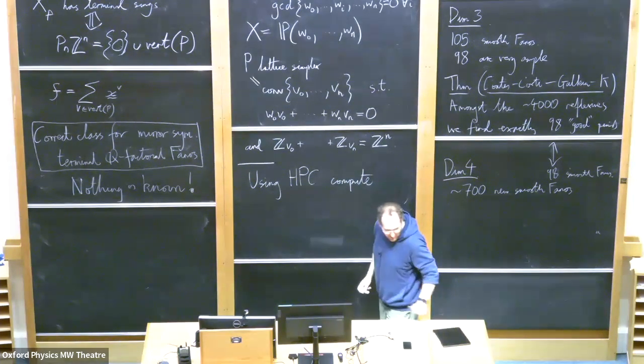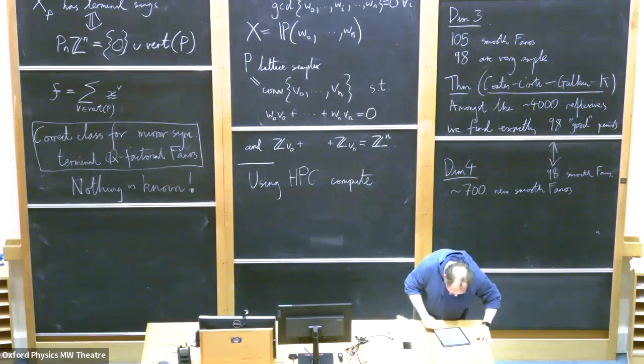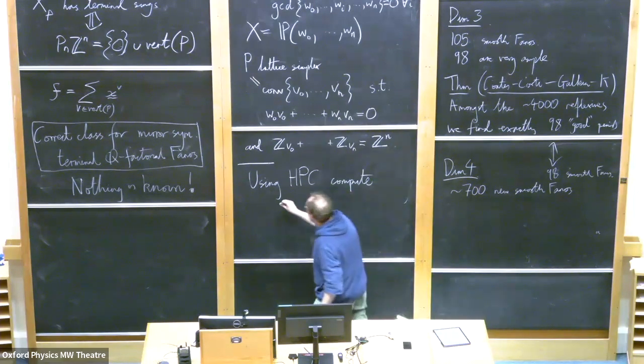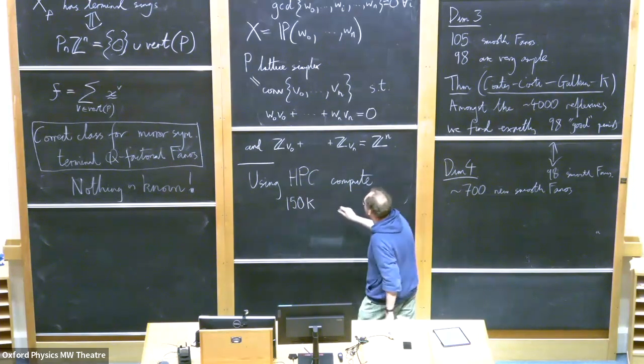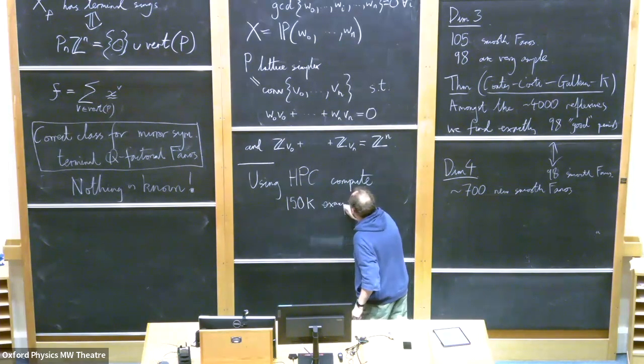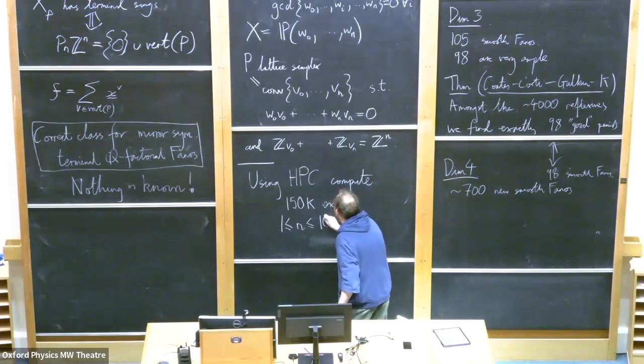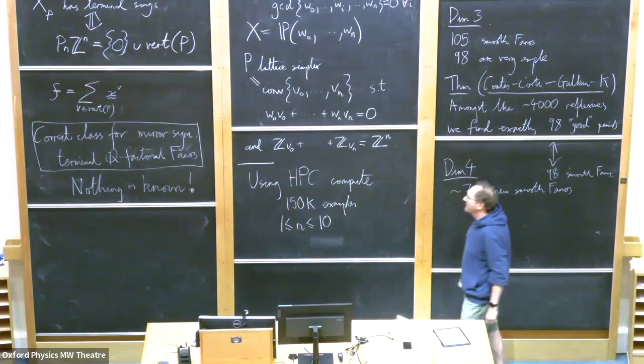You know, I actually know how many we computed. We can compute, for example, 150,000 examples in a range of dimensions from 1 all the way up to 10.